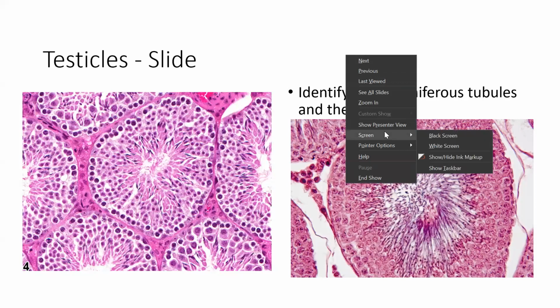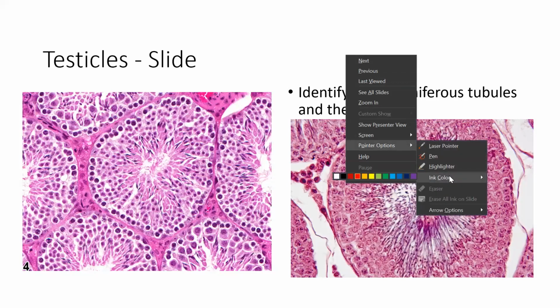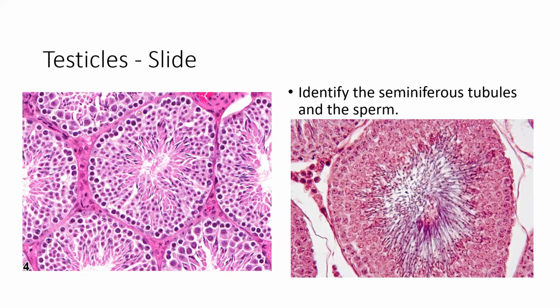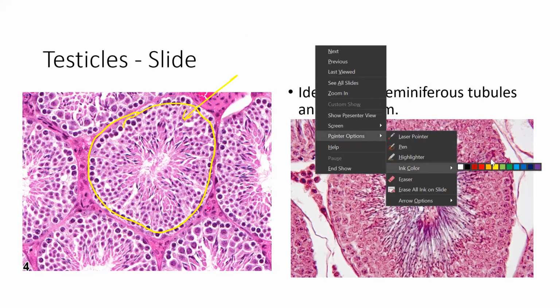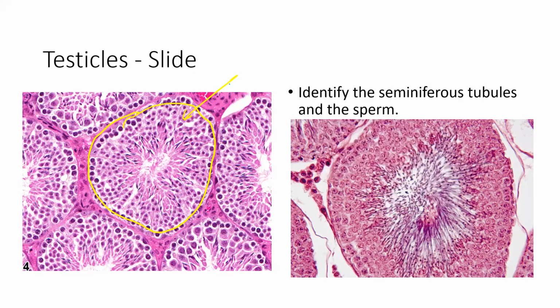Okay, this is what the testicle looks like under the microscope. So over here, that whole thing right here is a seminiferous tubule. Oh my goodness, you cannot see yellow. Choose green. Seminiferous tubule.